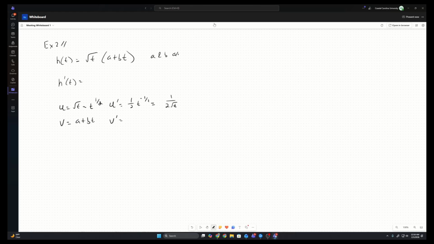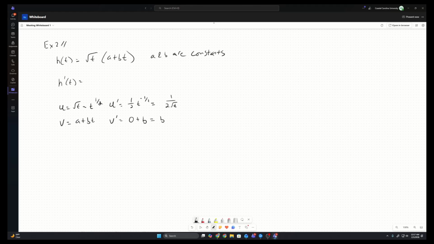So a and b are constants, meaning that these are just numbers. So if I take the derivative of a, since it's a constant, it gets 0, plus bt, the t drops off, so you just get b. So v prime is just the number b, whatever that might be.